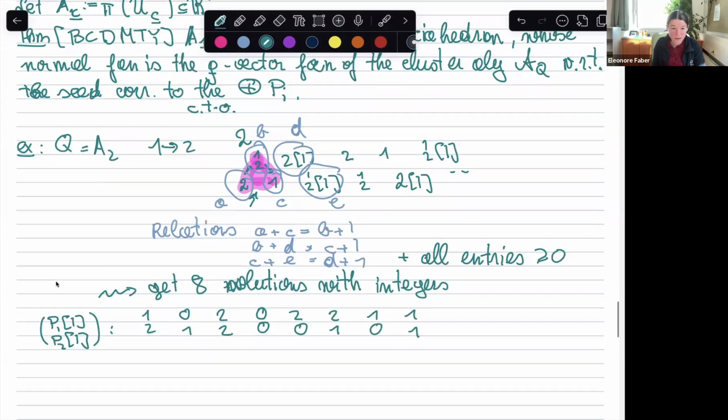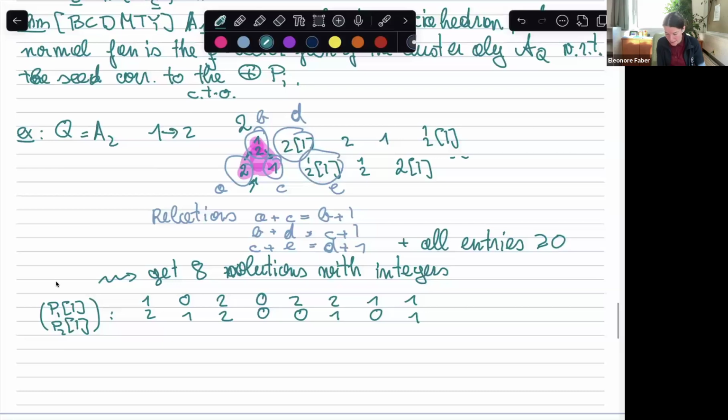So these are all the solutions. And then the polytope they define looks as follows. So this is the convex hull of all these things. And so it's here, 2, 1, 2, and all the points in here. And so you see you have 5 vertices that correspond to the cluster tilting objects, and the rest is just the integer points.